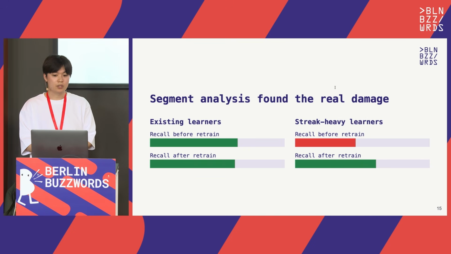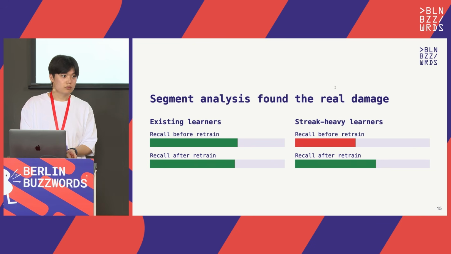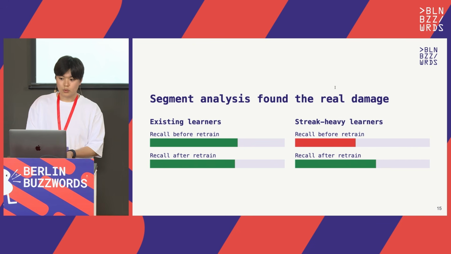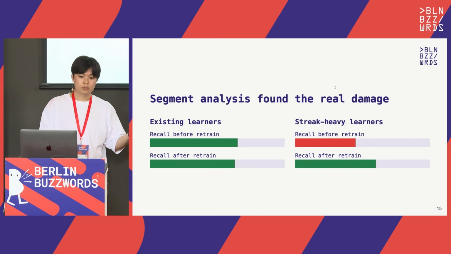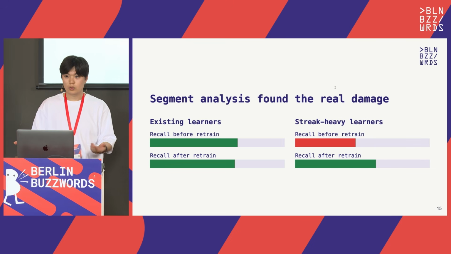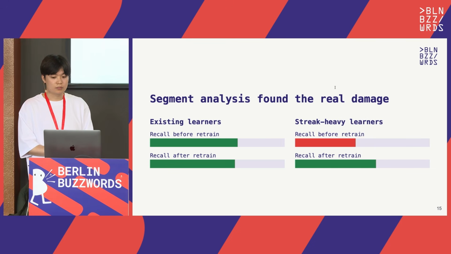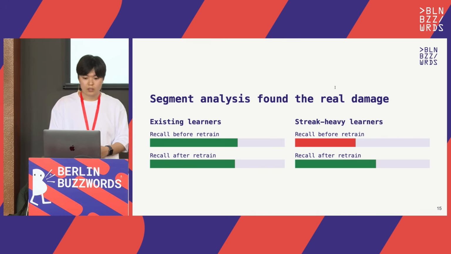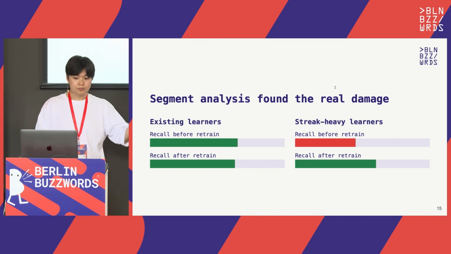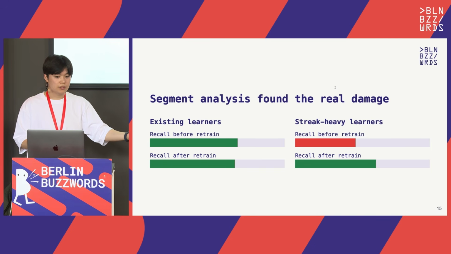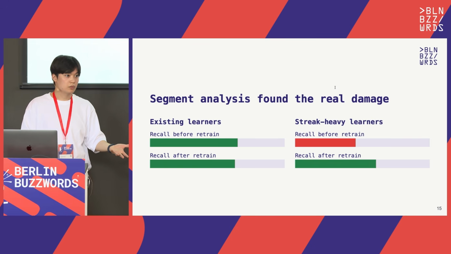So we set up scheduled retraining of the model, and with the new version, we compared the performance for the existing learners and for new learners who were streak-heavy users. We found that the quality of the model on the existing learners hadn't changed so much.